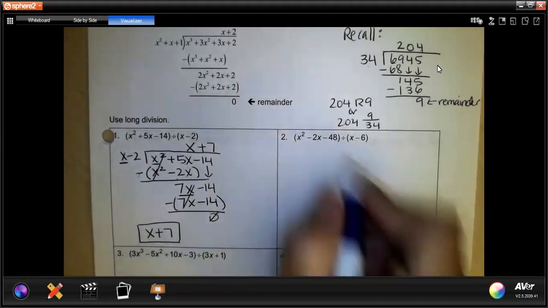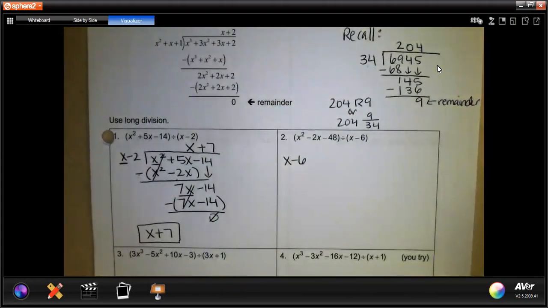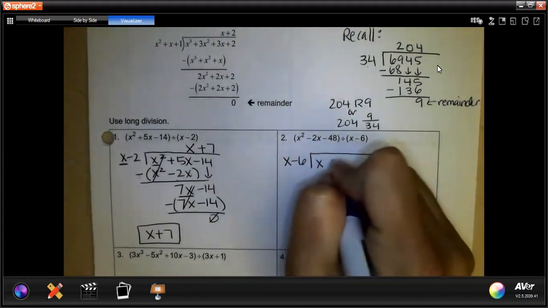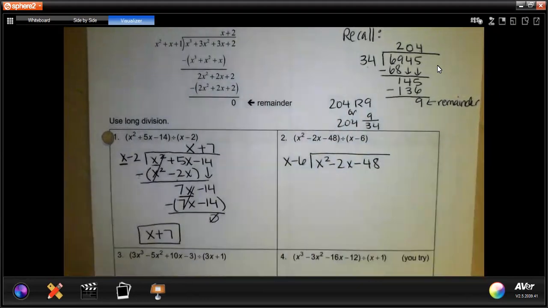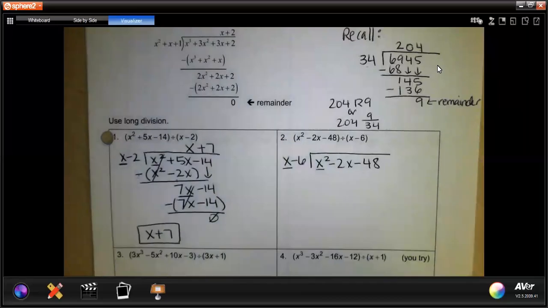All right, we'll try another one now. I'll put my x minus 6 on the outside. That's our divisor. I'll put my dividend on the inside, so x squared minus 2x minus 48. I start with my first term and divide by my first term here. So x squared divided by x is x.